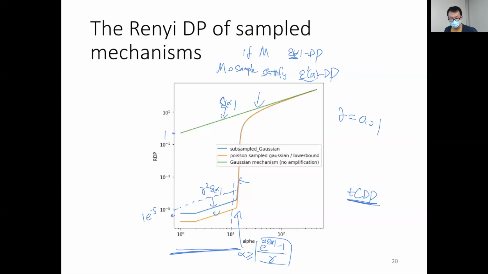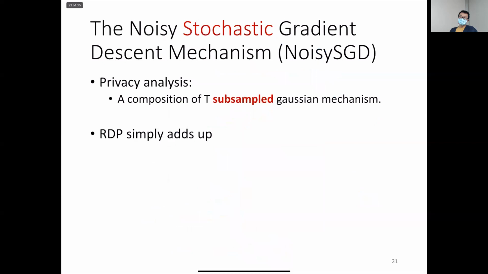Okay, but for today, let's pretend that the subsampled mechanism actually just satisfies gamma square rho CDP, right? So it satisfies gamma square rho truncated CDP, and we work with this linear upper bound for the restricted region. All right, so now we're ready to state how this noisy stochastic gradient descent algorithm works.